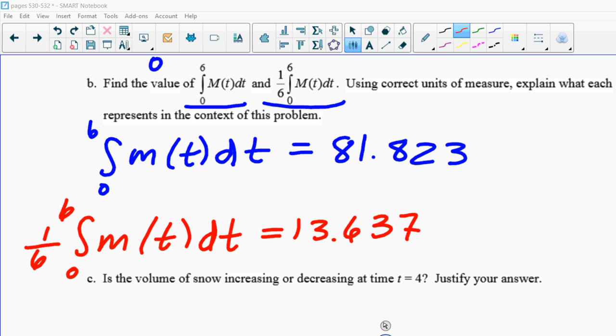Cubic yards. So this tells us that this many cubic yards of snow melted during the first 6 hours. What does the second number tell us? That's right. During the first 6 hours, the average amount of snow that melted per hour was 13 point something cubic yards.